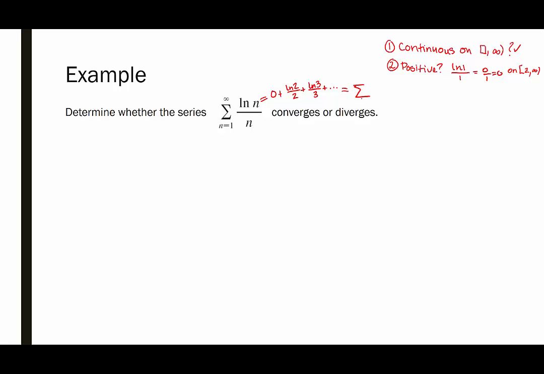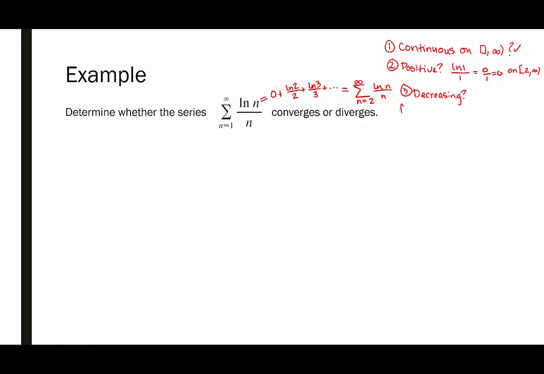So we might as well instead consider finding the convergence of the improper integral from n equals 2 to infinity of natural logarithm of n over n. But now we have the third consideration. We have to talk about whether or not this function is decreasing on the interval from 2 to infinity.